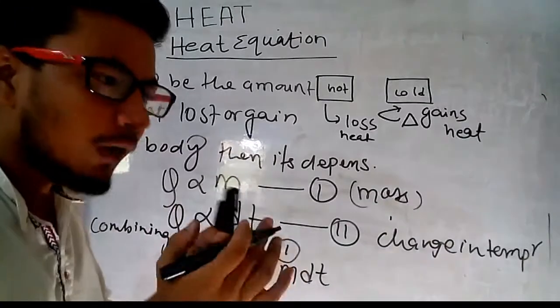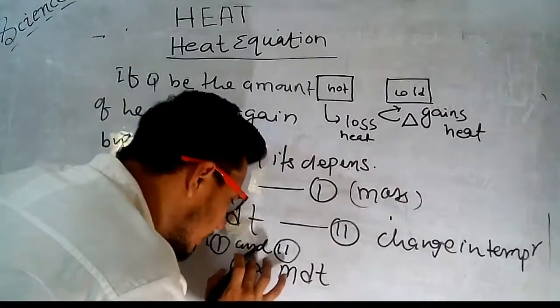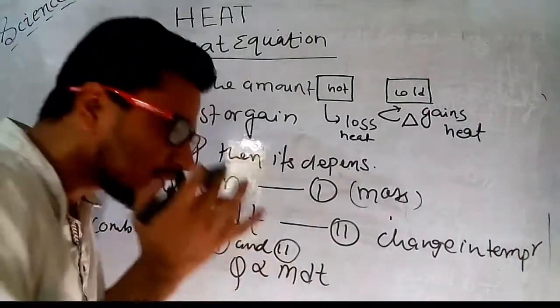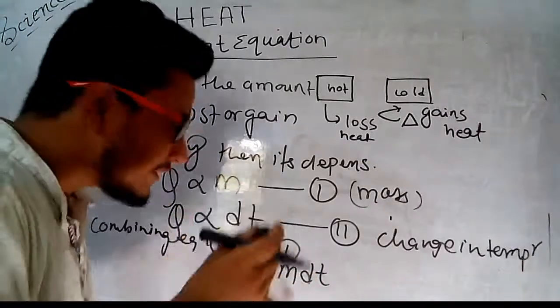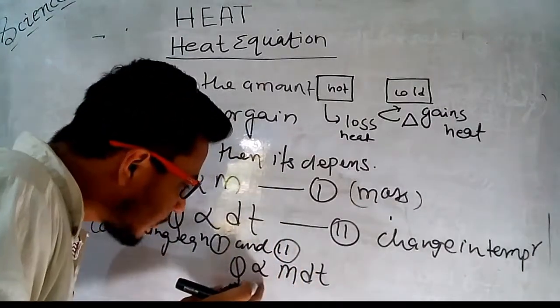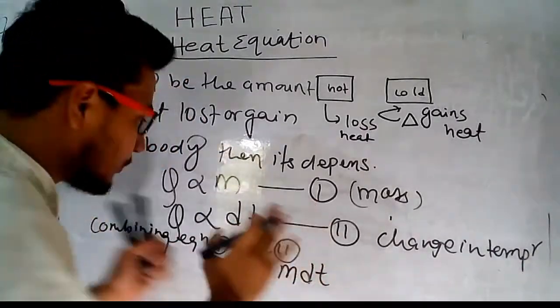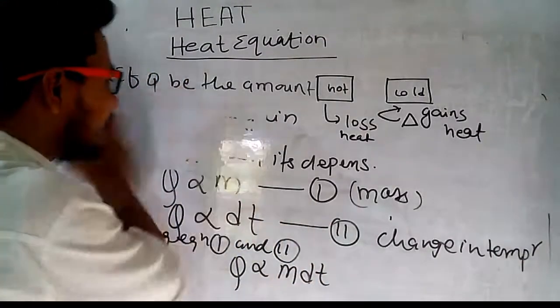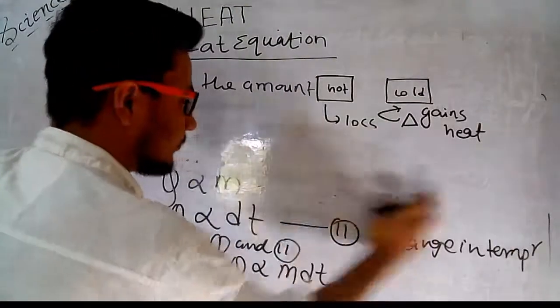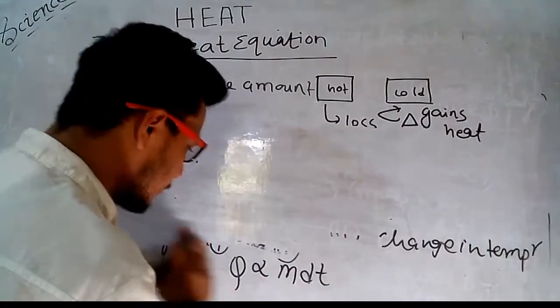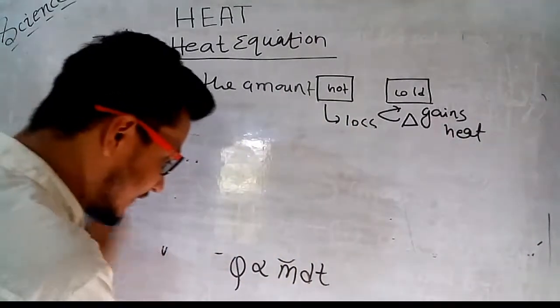And you know the rule of physics that when we remove the proportionality sign in any equation, we have to put in a constant. So Q equals m s dT.